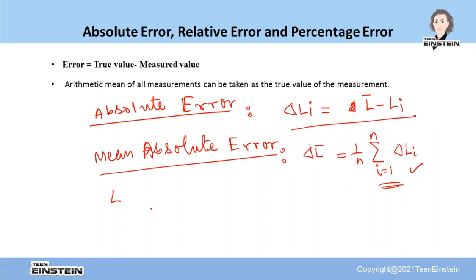In the final value, you have to always report your error also. Suppose this is the final value you are writing after measurement. You have to write the true value plus or minus the mean absolute error, whatever we have got.